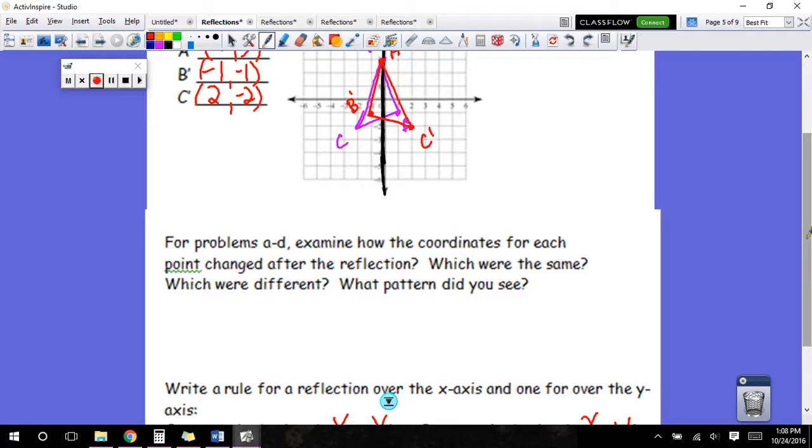If it was x, y, it would go to... What happened to the numbers? I think that was letter B and C. Looking for the rules.